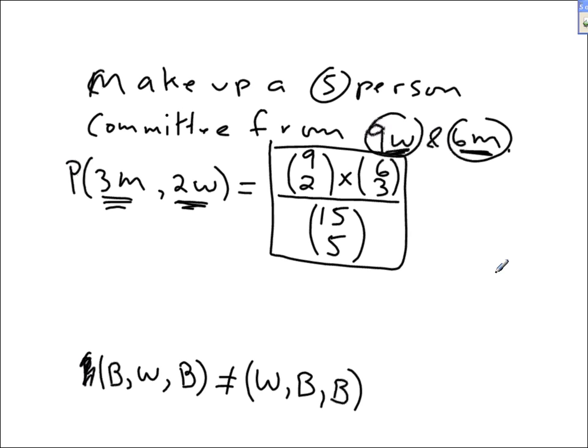What's in the numerator, when you multiply those 2 numbers, that result will be the total number of 5-people committees you can pick from 9 women and 6 men that have 3 men and 2 women. And when you divide it by 15 choose 5, you then have the probability of getting 3 men and 2 women.